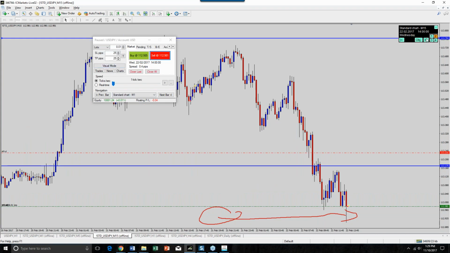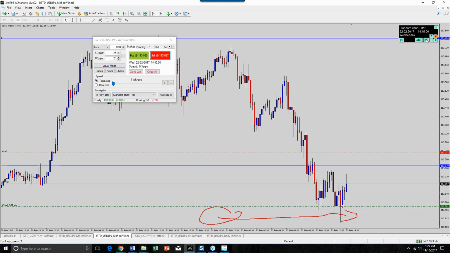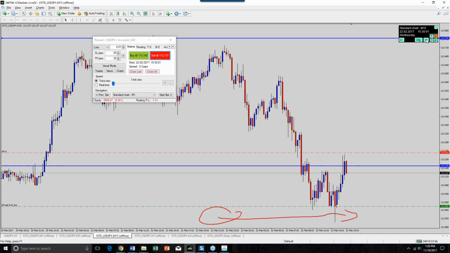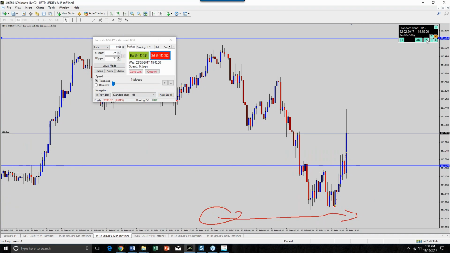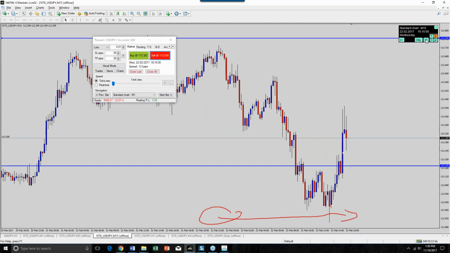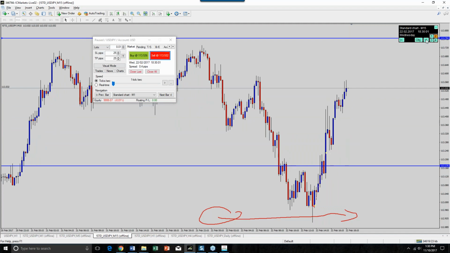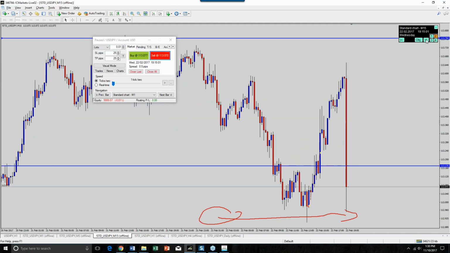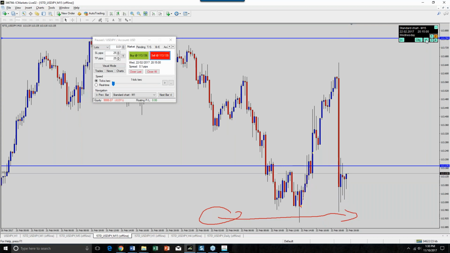So let's continue. Oh, news. Okay, that makes sense. So we got stopped out there and pulled all the way up. Now, oh okay, this is really interesting.